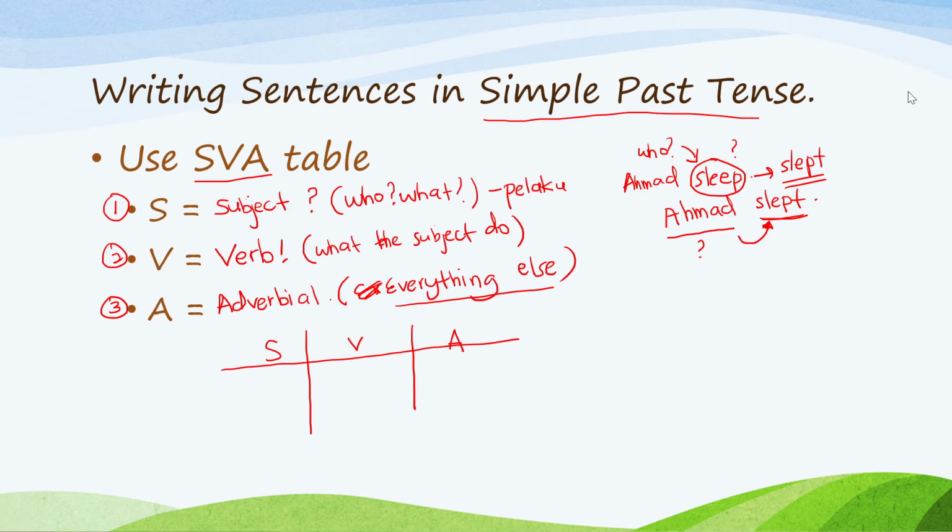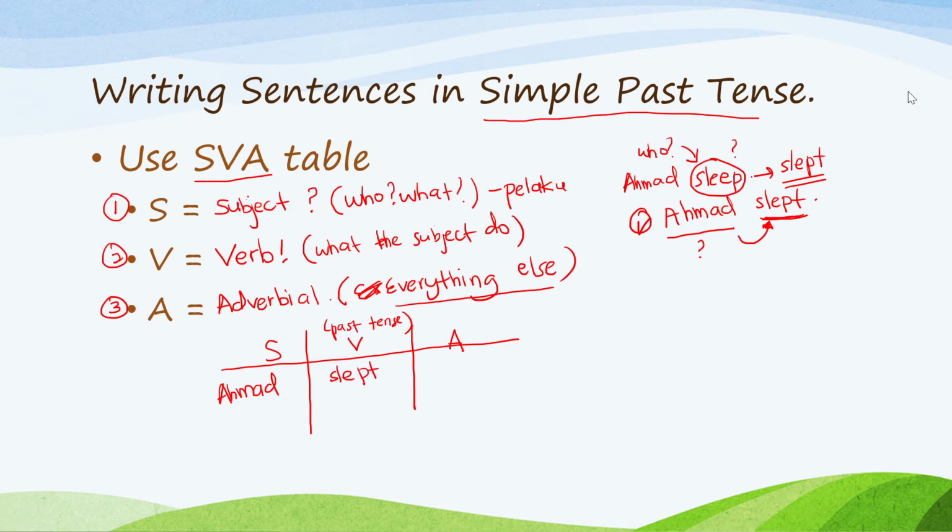Alright, now let me show you how to make a sentence. Okay, let's say we want to use this sentence. So we know that Ahmad is the subject. And slept is the verb in past tense. Make sure to change all the verb into past tense first before you write it back into a full sentence.